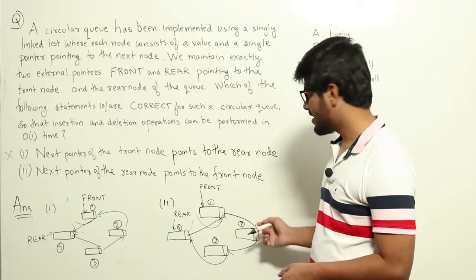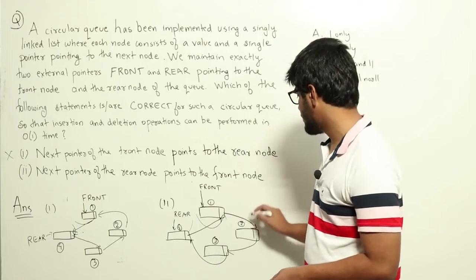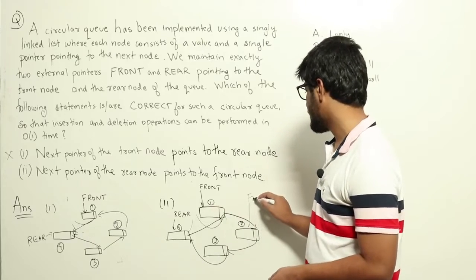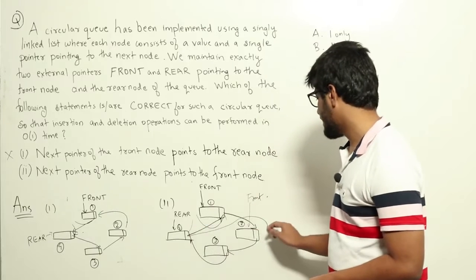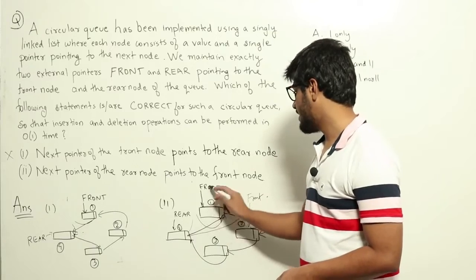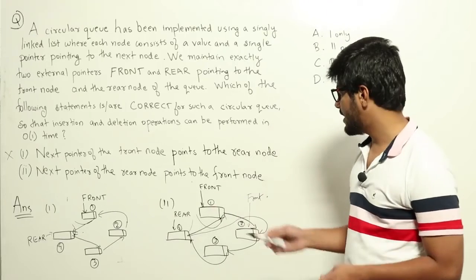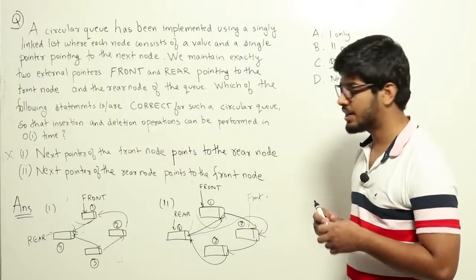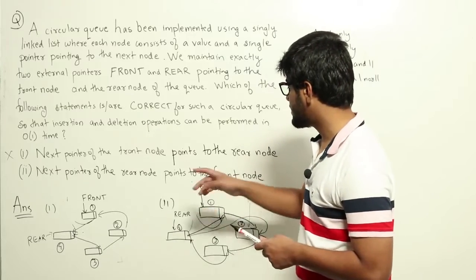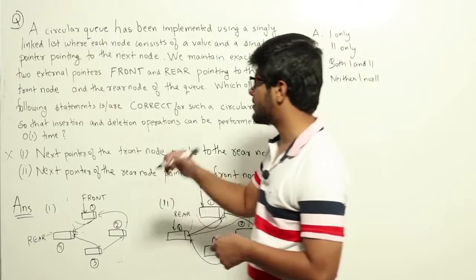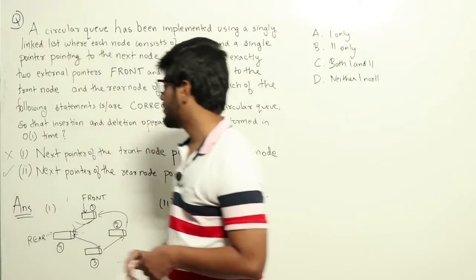So this one's address I have directly from the front node, so I will just directly make it front. Now this one's address I know. Rear I will point directly to this node, and then after that I can delete this node. So clearly in this one deletion also can happen in O(1) time. So in implementation 2, insertion and deletion both happen in O(1) time. So this one satisfies the criteria of the question.